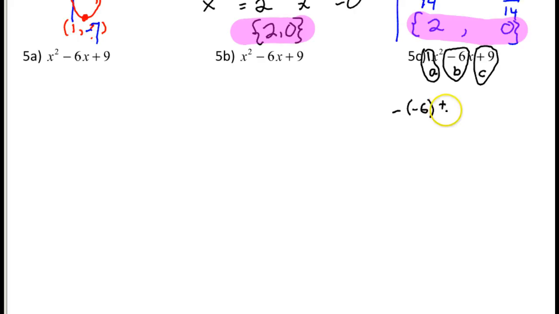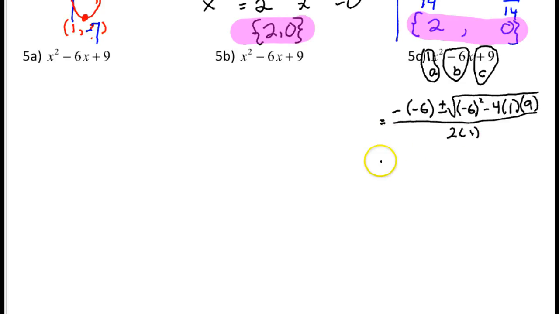Opposite of -6 plus or minus the square root of -6 squared minus 4 times 1 times 1, all over 2 times 1. So again, that double negative, 6 plus or minus the square root of 36 minus 36.